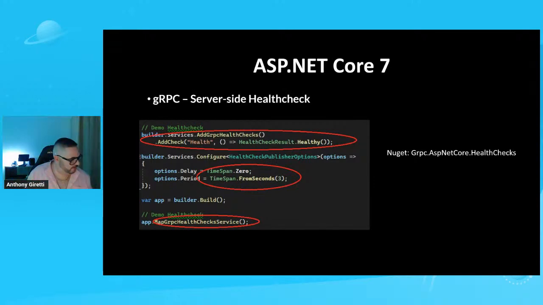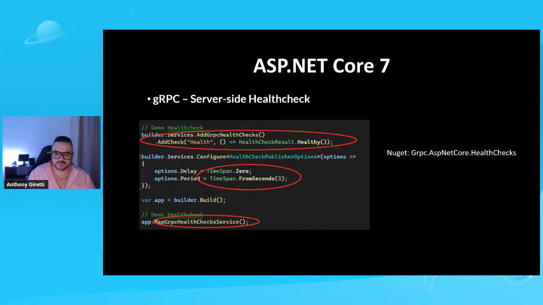You add the health check in the pipeline, like any service in ASP.NET Core, and you make it available with the MapGrpcHealthChecksService extension method.